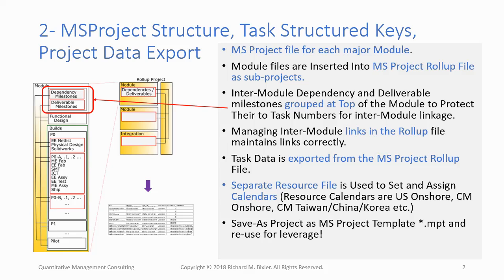When element MPP files have been inserted into the master rollup MPP file, you'll link the predecessor tasks of dependency milestones in each inserted MPP file as successors to deliverable milestones in other inserted MPP files that produce the appropriate element or task completion. The rollup file should of course be saved at this point.